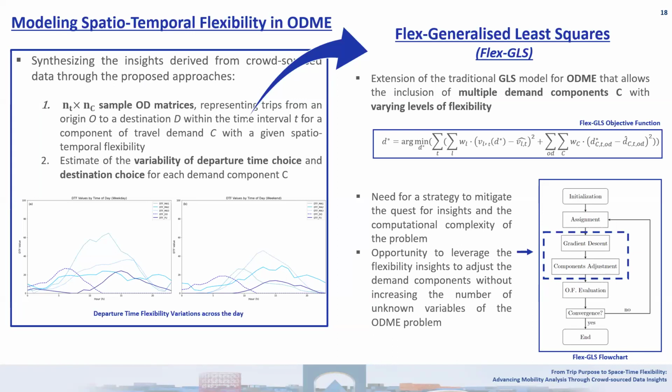So a component of travel demand that is characterized by a given spatio-temporal flexibility. Moreover, for each of these travel components, we have a very reliable estimate of the variability of the departure time choice, for example, and of the variability of their spatial location choice.